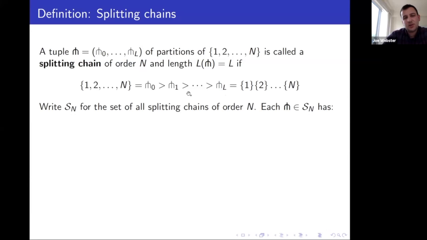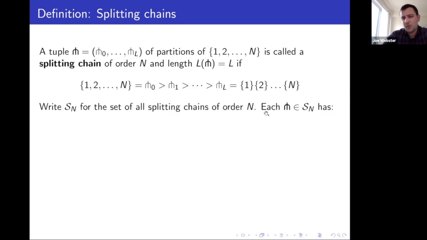And because they must strictly refine, the length capital L is never going to be more than n. It's never going to equal n, actually. It's never going to be more than n minus 1. So you have a finite number of possible lengths. You have a finite number of splitting chains for each given length. So Sn is a finite set. And in the end, we will get a finite sum of these rational functions.